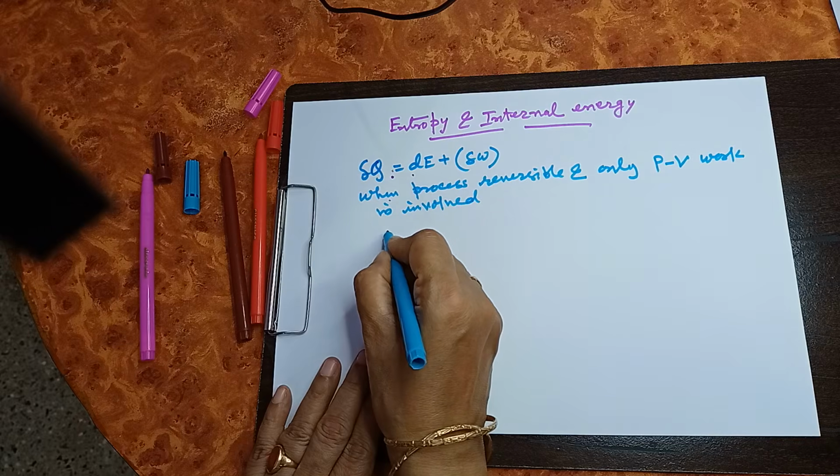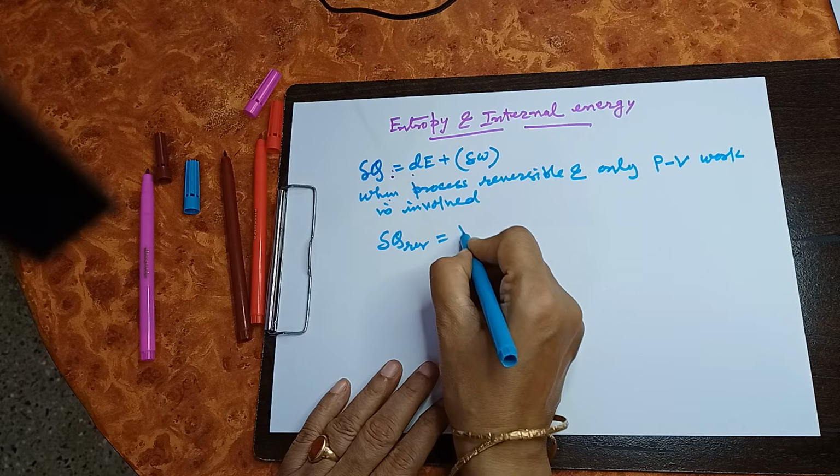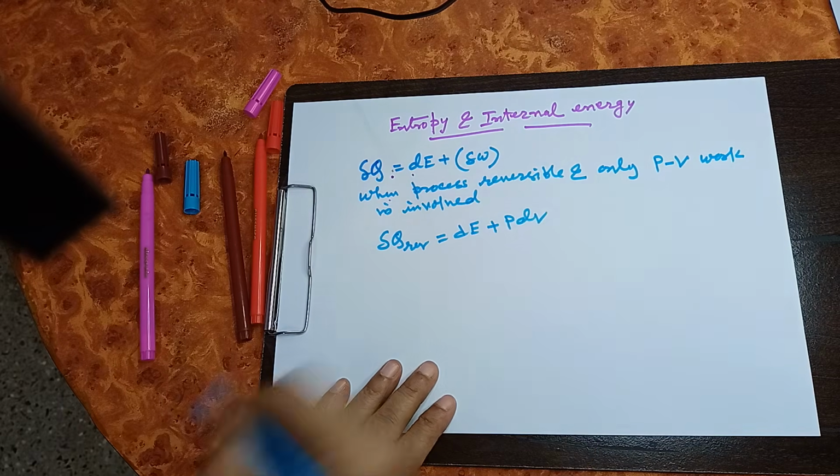I can write here del Q reversible is equal to dE plus P dV.